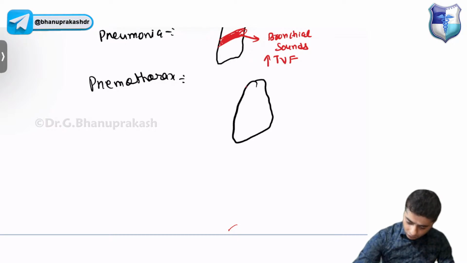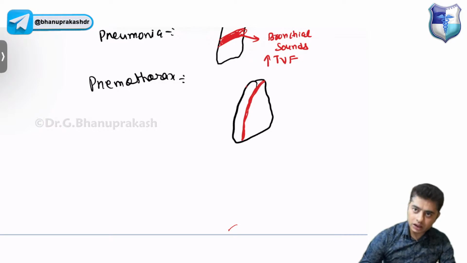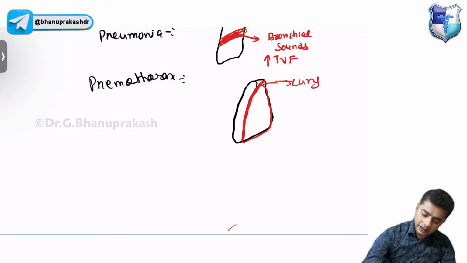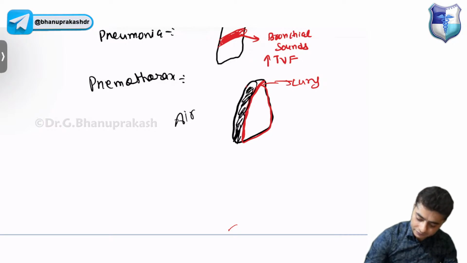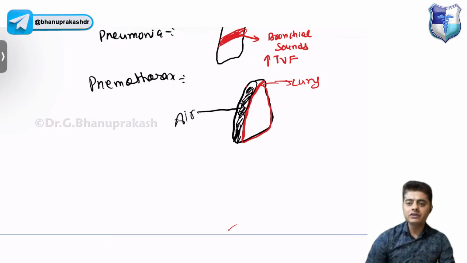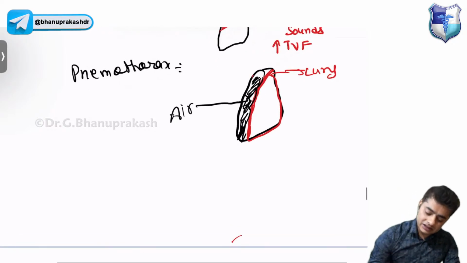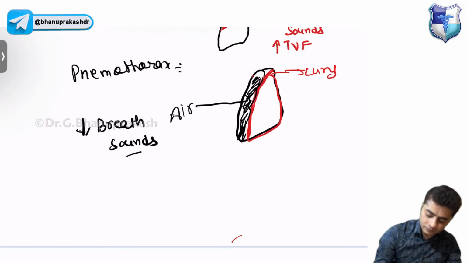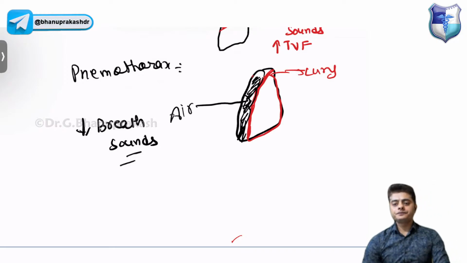So this is now the pleura, and this whole is now the lung, and in this area, air is there. Okay. So what will you get? When you auscultate in this area, there will be decreased breath sounds.